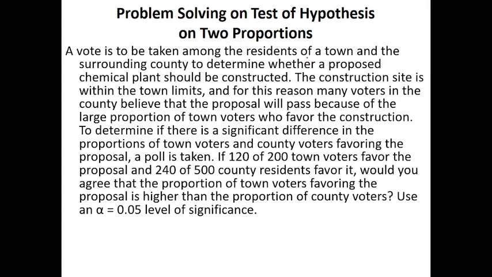The construction site is within the town limits, and for this reason, many voters in the county, so many voters in Pampanga, for example, believe that the proposal will pass because of the large proportion of Bacolor voters, for example. Large proportion of town voters who favor the construction. That is what they believe.